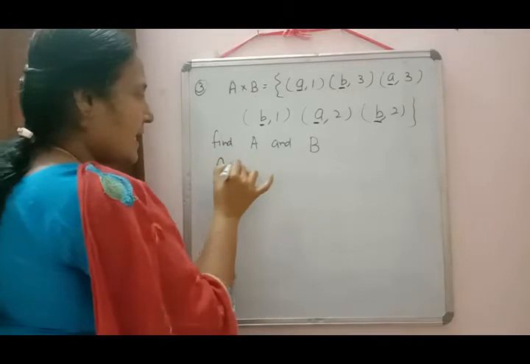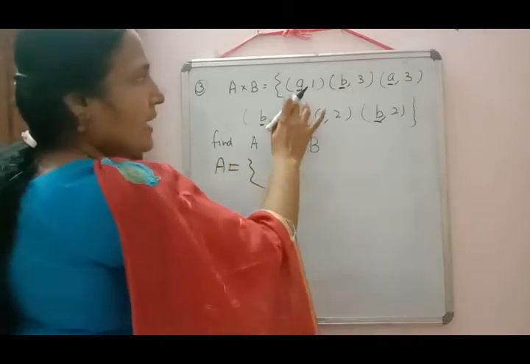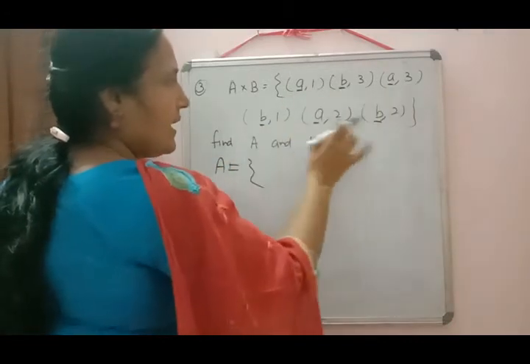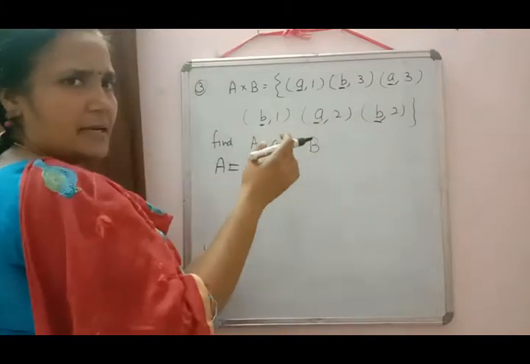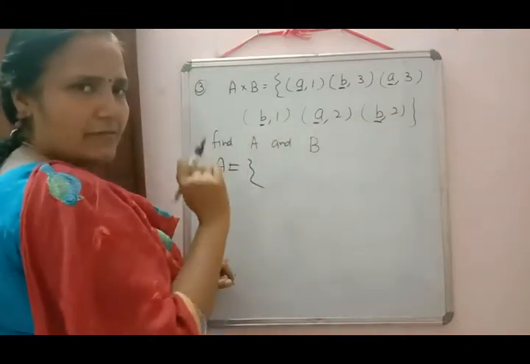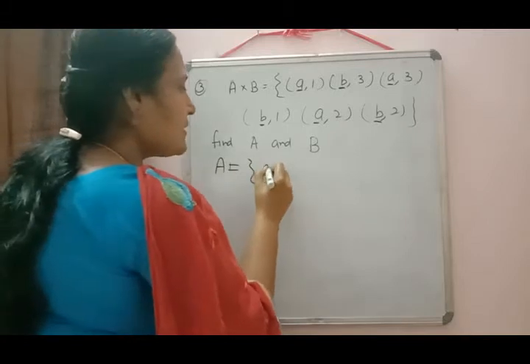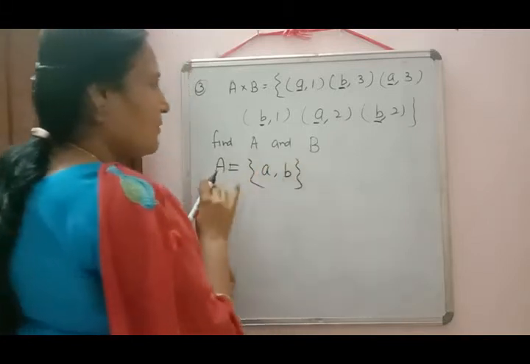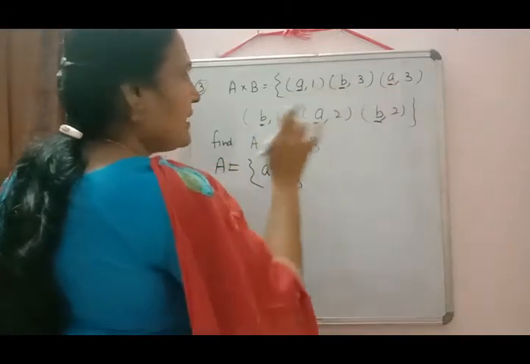So in set A, we can check, we have a, b, a, b, a, b. Elements can be repeated there, but when we write the set, we have to write each once only. So what is the set we have here? a and b. Only 2 elements are there in the set A.